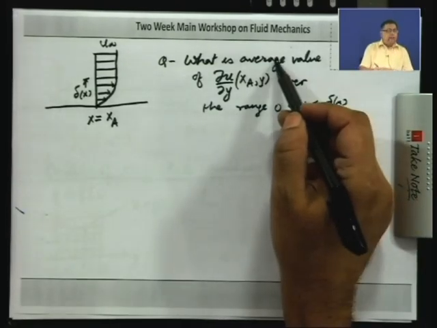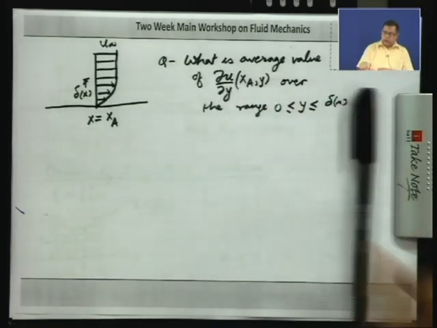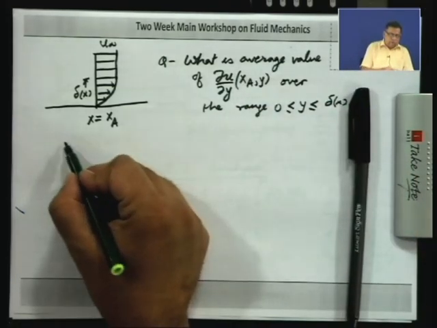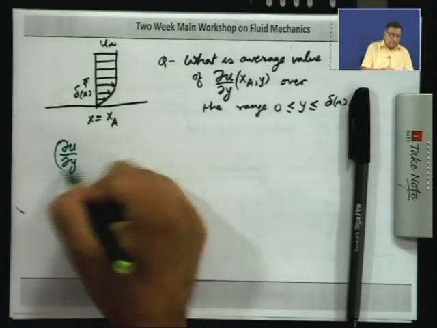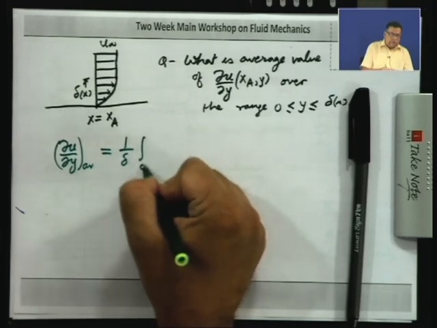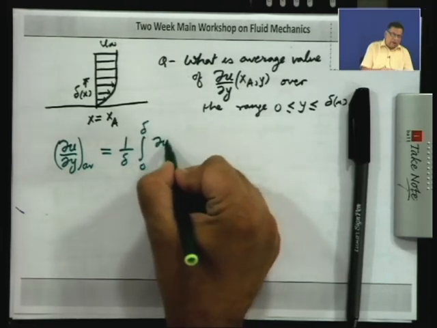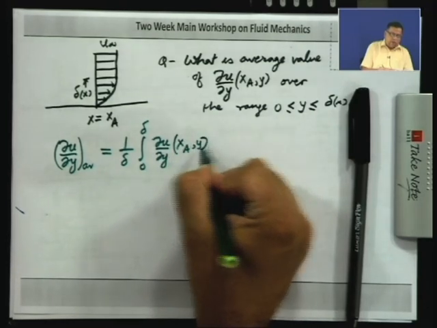We can take this average value to be an estimate of the order of magnitude of del u del y. Now, if you use the definition which I have just given you, then del u del y average value we will write as 1 upon delta integral 0 to delta del u del y at x a, y dy.